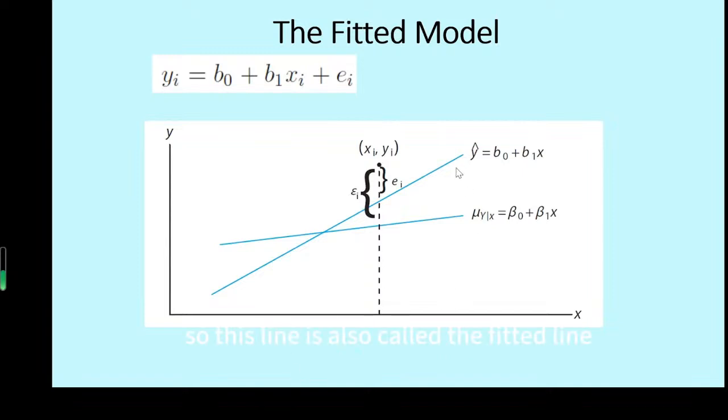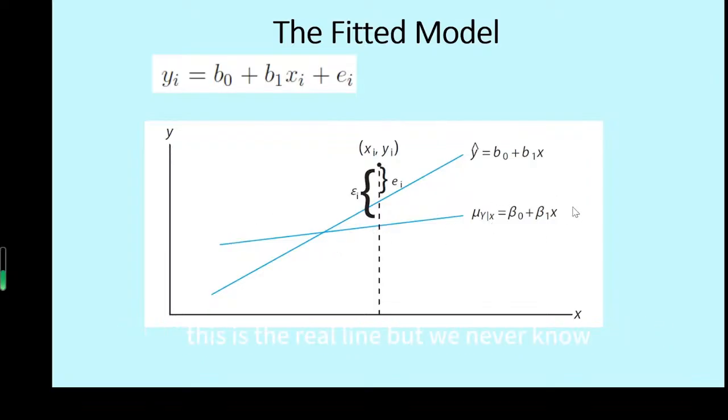This line is also called the fitted line or the linear regression line, with y hat equals b0 plus b1 times x.